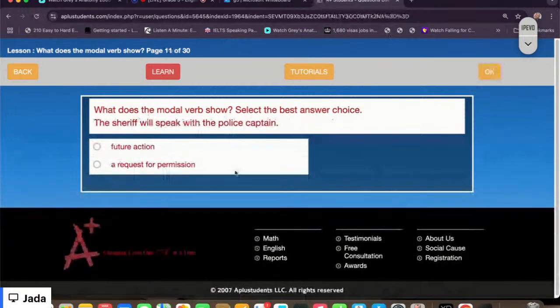The sheriff will speak. Future action or request for permission? Which of them?